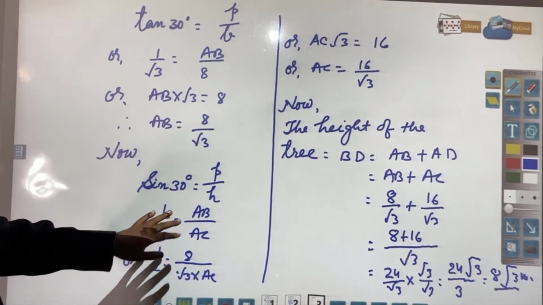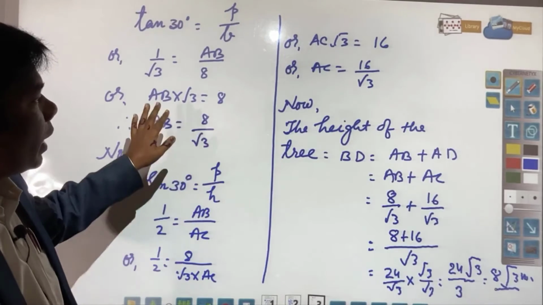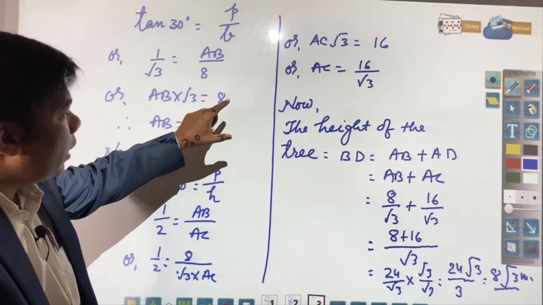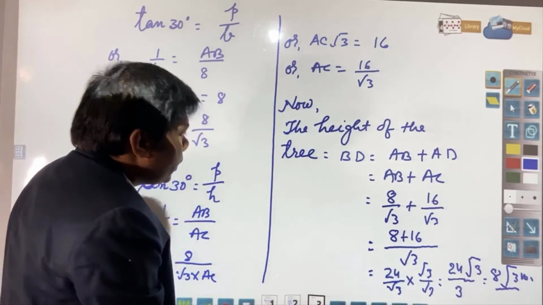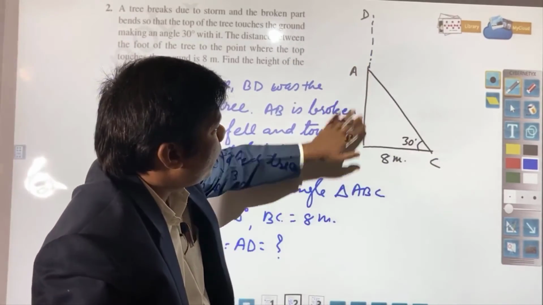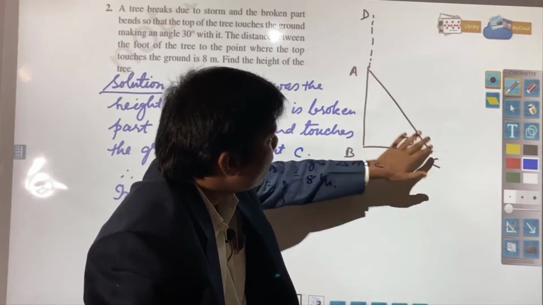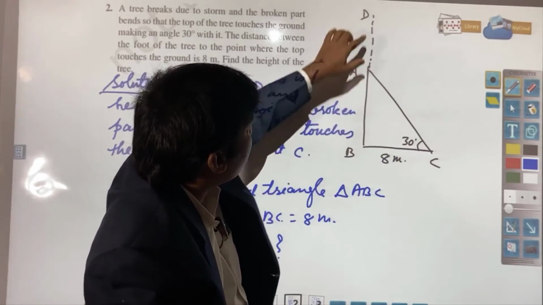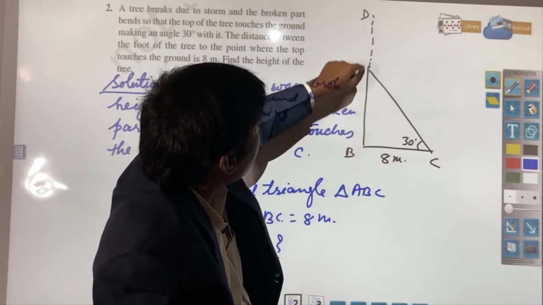So what we have done? First of all, we found out AB, then we found out AC, and since AC is equal to AD, what we did? Height of the tree is what? AB plus AD.